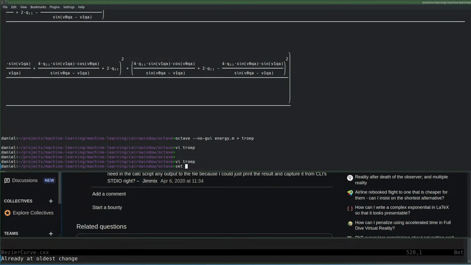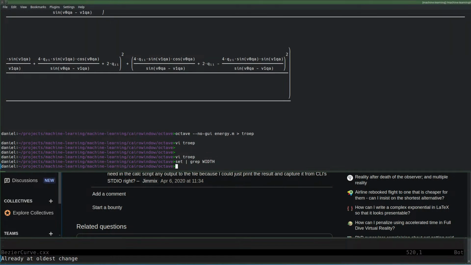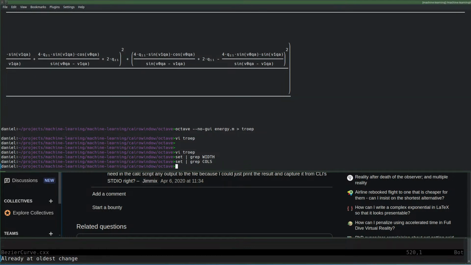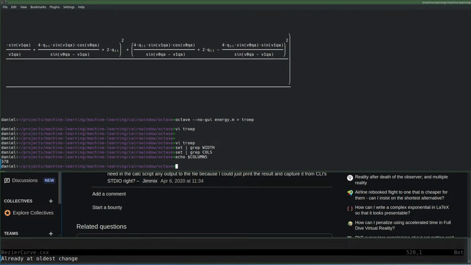So how do you read the width of your terminal? Can't remember. Cols, of course. I think cols and rows. No. Really? Columns. Ah, there we are, columns.